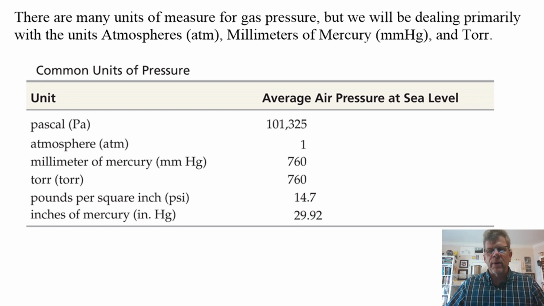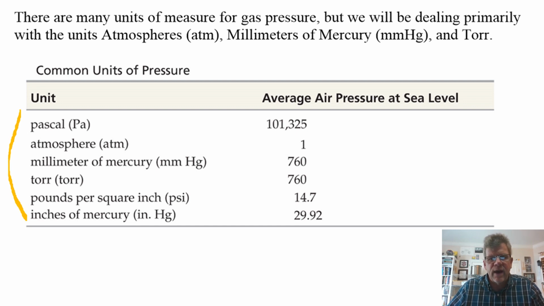As with any measurement in any dimension, along with the numerical component, we have to have a unit of measure. And now that we're introducing this concept of pressure for a gas, we have to be able to define units of measure that will go with a numerical component to that measurement. There are a lot of types of units of measure for gas pressure. In this table here, we show 6 of them.